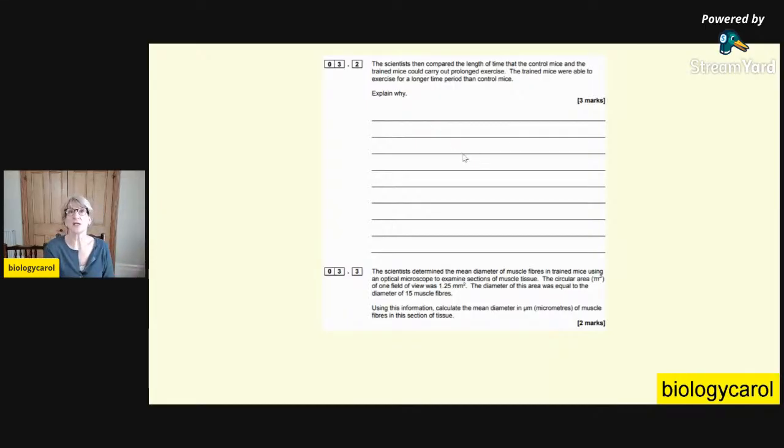My brain went down the lines of, okay, they can do aerobic respiration, they can do more aerobic respiration. That, of course, produces more ATP, and therefore the muscle fibers are able to work for longer.